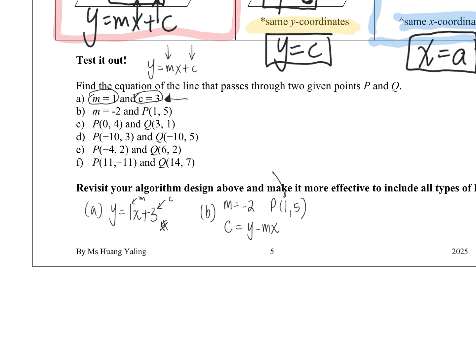This is my x. This is my y. I also have m. Okay, good. So you sub in every value you have. It becomes 7. So I have gradient. I have y-intercept. So, Jamil, what's my equation?